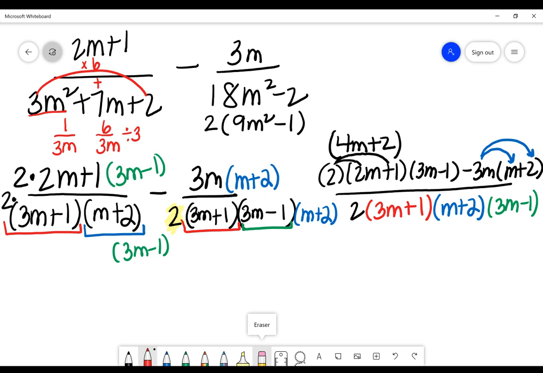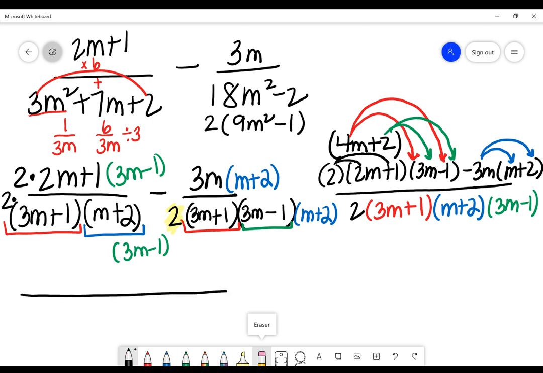Maybe FOIL you remembered. So we're going to take this 4m and multiply it in. But I'm not done because I also have to take this 2 and multiply it in. So this left piece is going to give me 4 terms, and the right piece is going to give me 2 terms. So I'm going to have 6 terms in the numerator, and then my common denominator. So let's see what I come up with here.